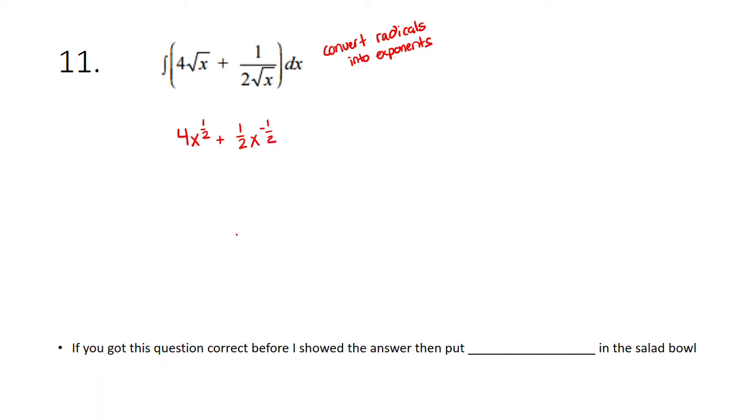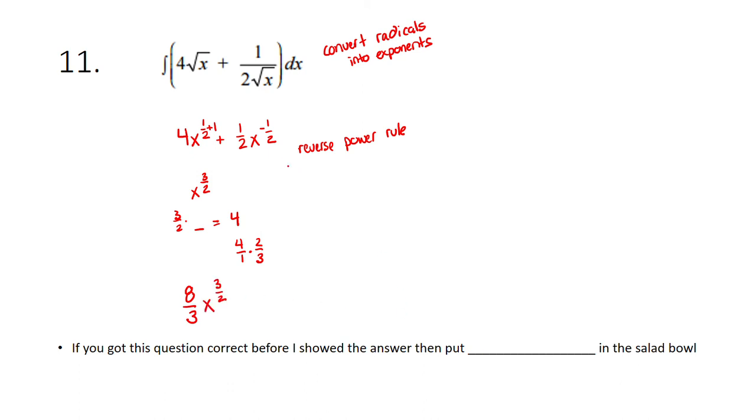We want to do the reverse power rule, which means we're going to add 1 here, and that's going to become 3/2. So 3/2 times what is 4, which is going to be 8 over 3, because we're going to do 4 over 1 times 2 over 3, or divided by 3/2. Either way, we get 8 over 3x to 3/2 power.